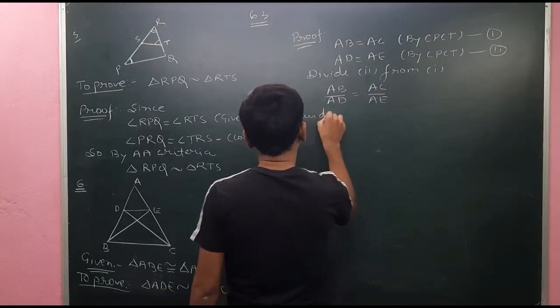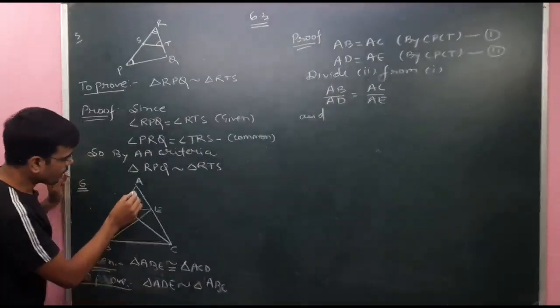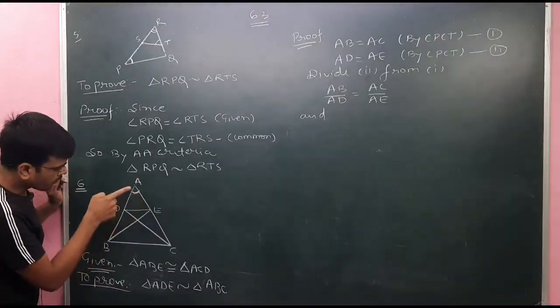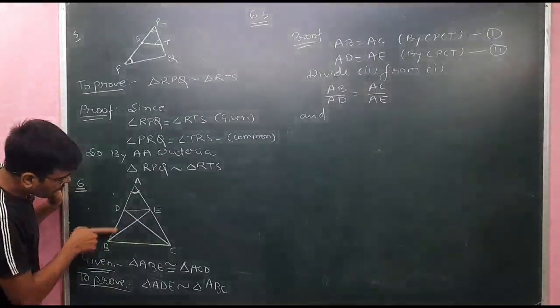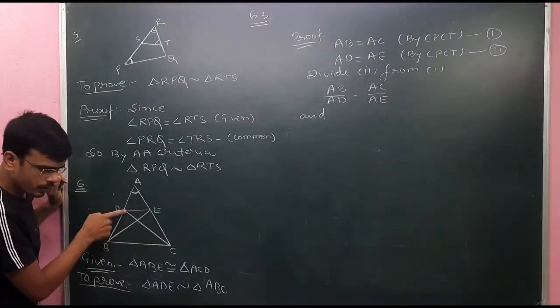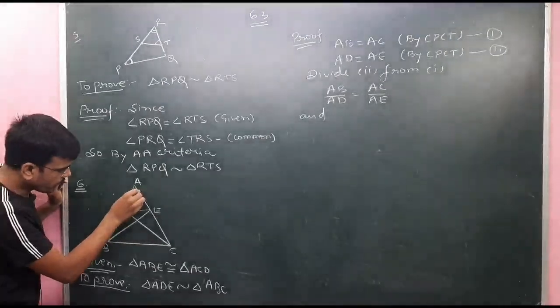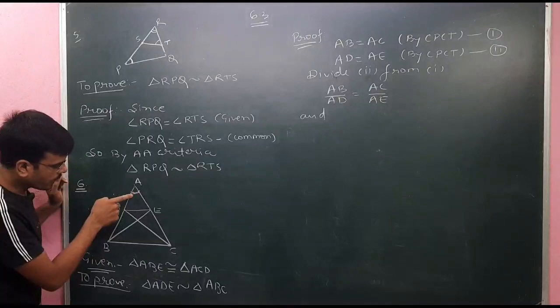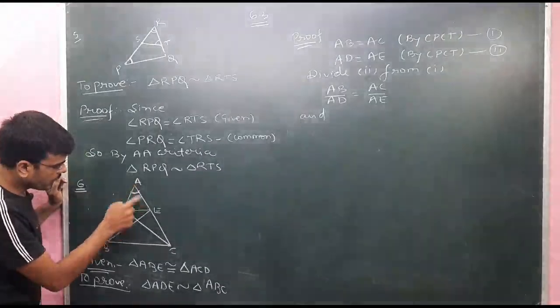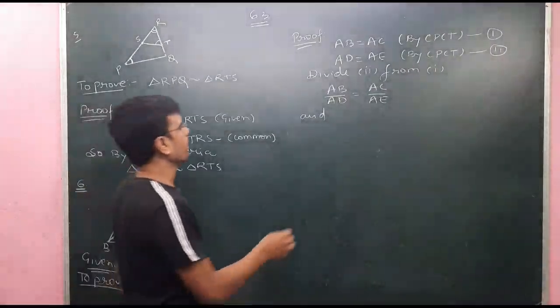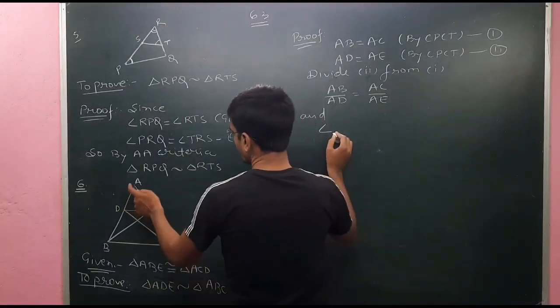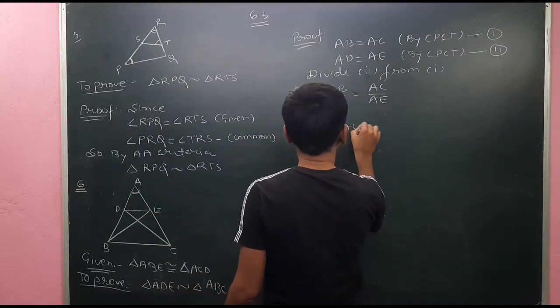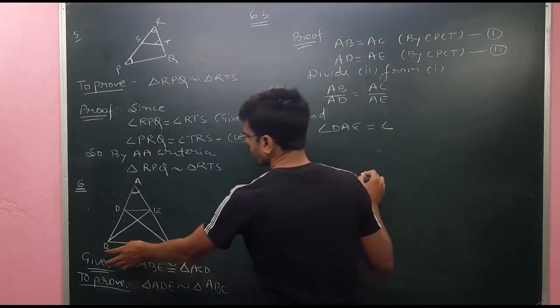And this angle: triangle ABE and ACD are congruent triangles. So angle A is common for both triangles, angle A is common for triangle ADE and triangle ABC, and angle DAE is equal to angle BAC.